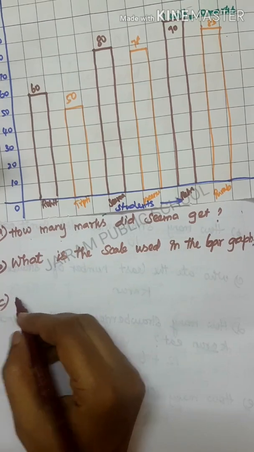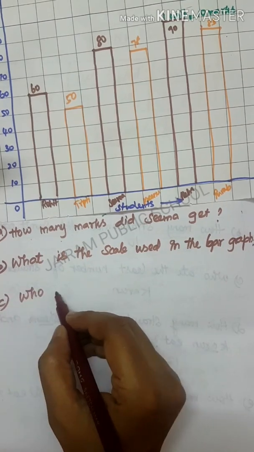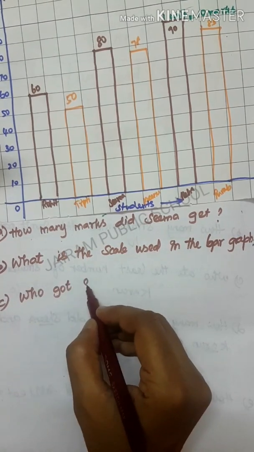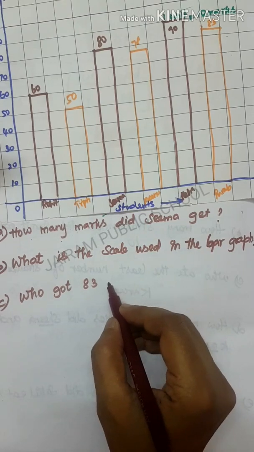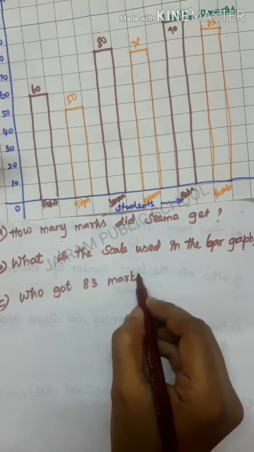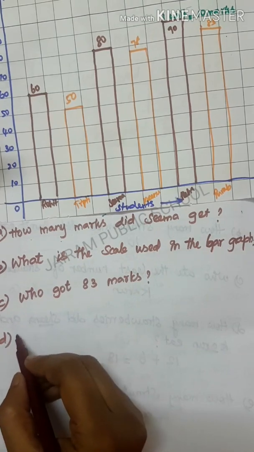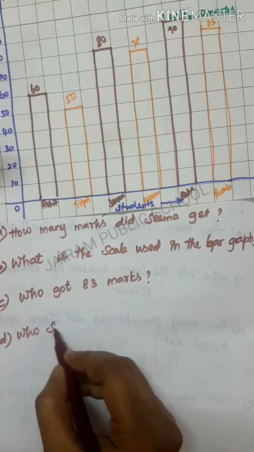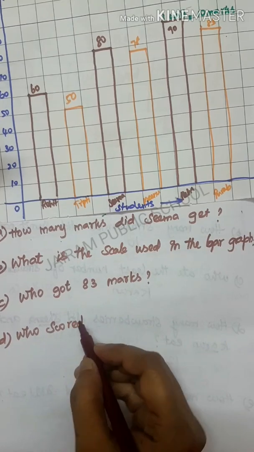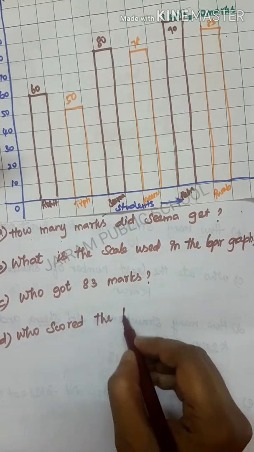Now C question, who got 83 marks? And D question, who scored the least?